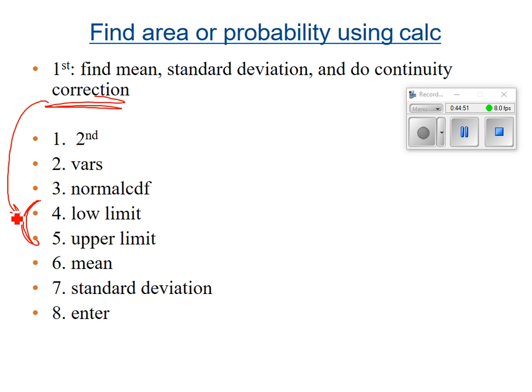Standard deviation is the square root of n times p times q. Some of the times they may tell you the mean and standard deviation. You may not have to do that, especially if we're just using the normal and we're not trying to change it into the binomial setup.